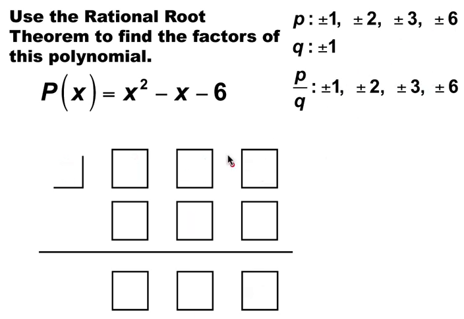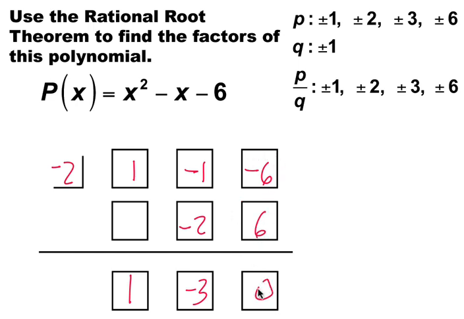Let's try -2. Here go the coefficients. Bring down the 1. -2 times 1 is -2. -2 and -1 make -3. -2 times -3 is +6.